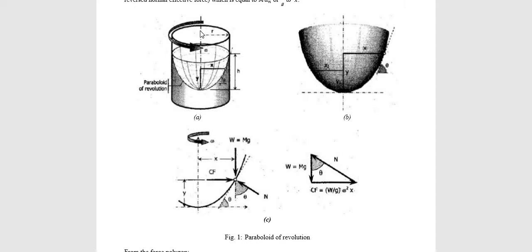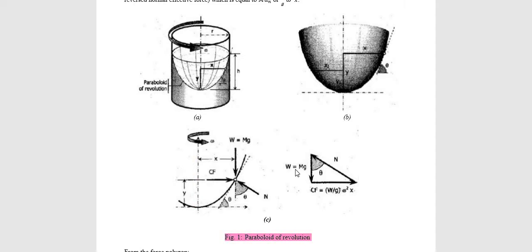Tapos, girotate natin yung vessel in this motion. Whenever you are rotating this vessel with this angular speed, tapos may radius, may height. So, this is actually the behavior of a vessel being rotated. Again, as you can see in this label, this is the paraboloid of revolution of a vessel.